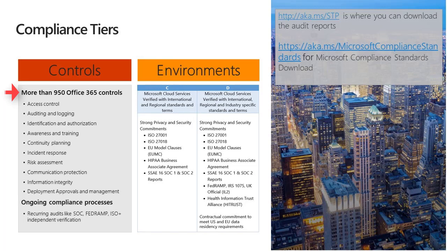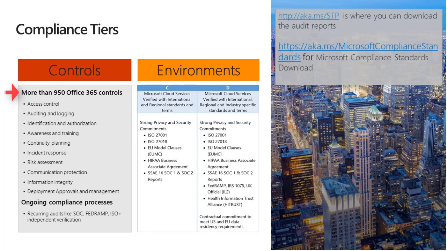These are things that govern best practices and standards around access control. Who has access to what? Both what people have access to, and what systems have access to what. It governs things like auditing and logging, identification and authorization, awareness and training, meaning security awareness, privacy awareness, training for all of those things.